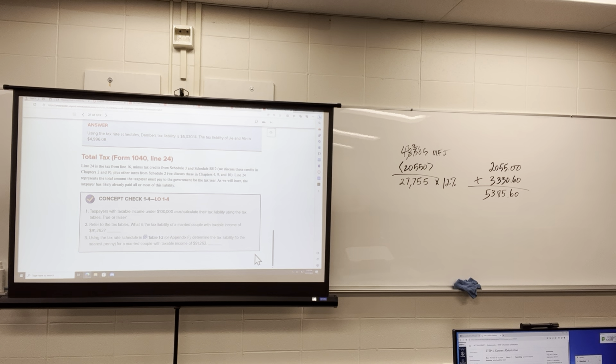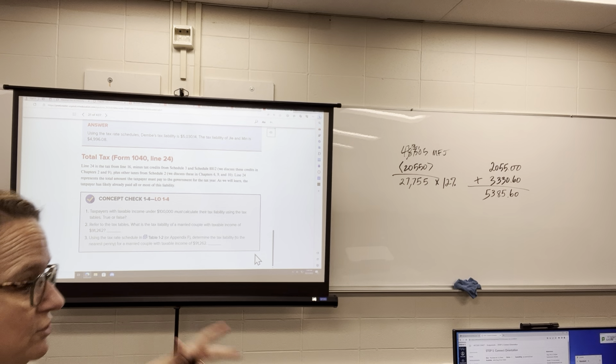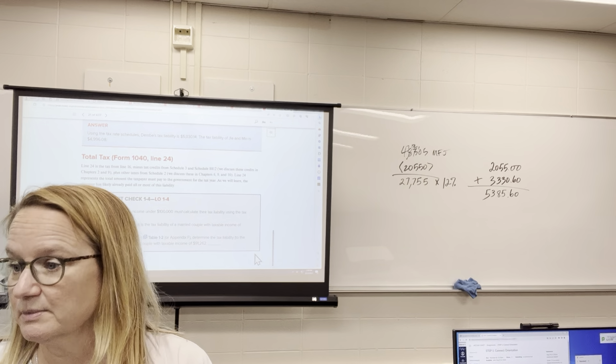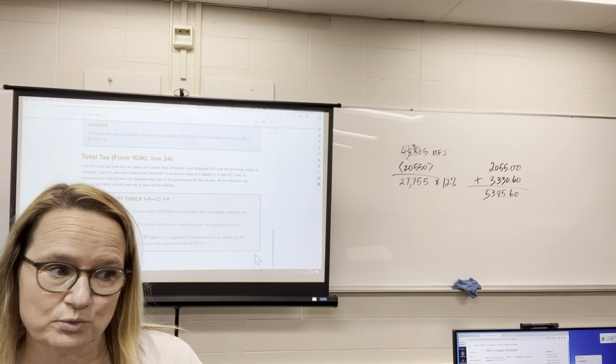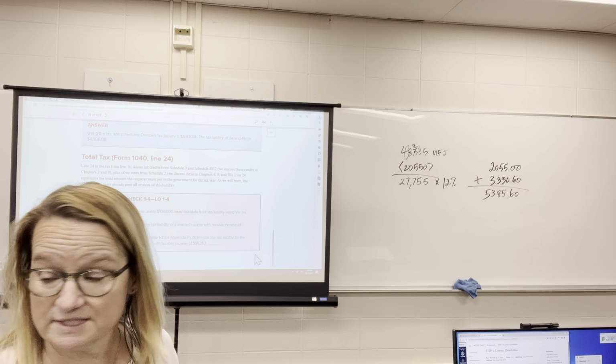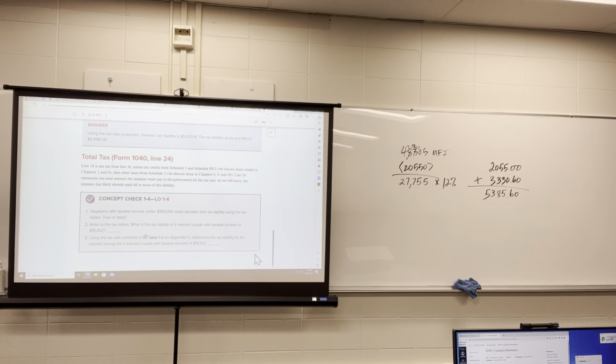In addition to making sure that you're distinguishing between total income and taxable income, also in the homework problems, make sure that you're following the instructions that they give on whether or not to use the tables or the schedule. Because there are some problems where you could use the table, but they want you to use the schedule.